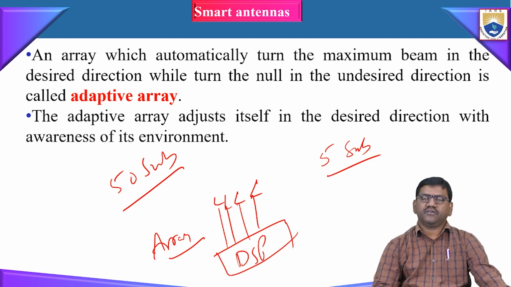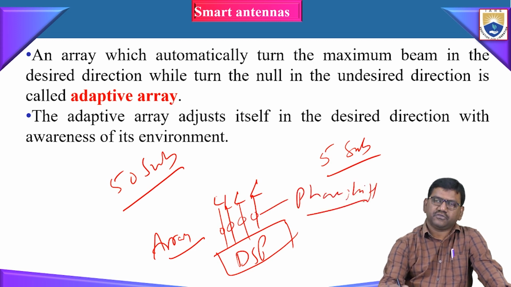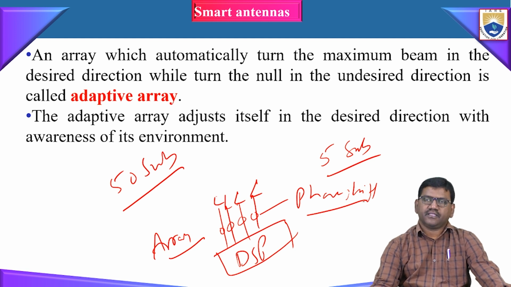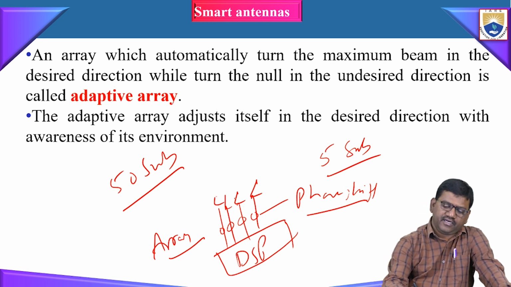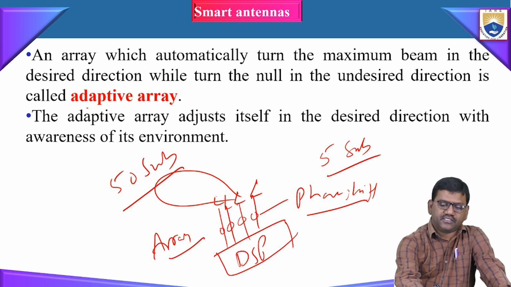Wherever the DOA estimation is high, automatically there will be some phase shifters here. These are known as phase shifters attached to each element of the array. The phase of each element of the array will be directed towards the 50 subscribers automatically. Hence the name adaptive array.